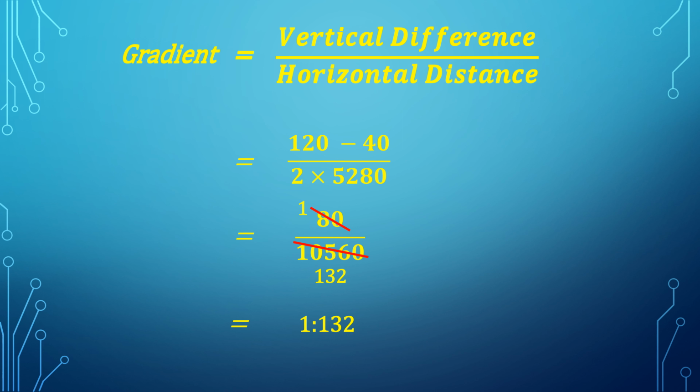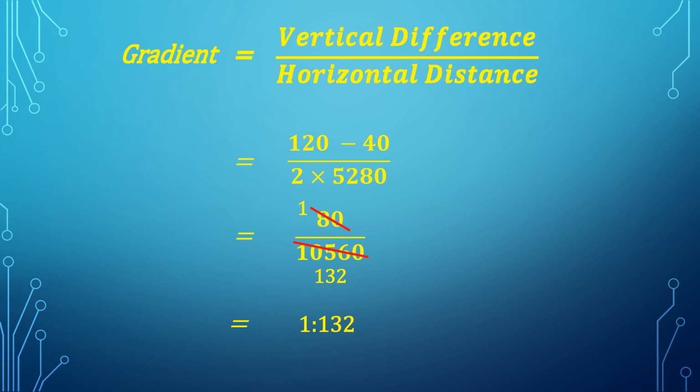This one that we have just calculated is the gentlest of all the slopes we have calculated because it has the largest ratio or fraction, which is 1 over 132, or should I say 1 to 132.